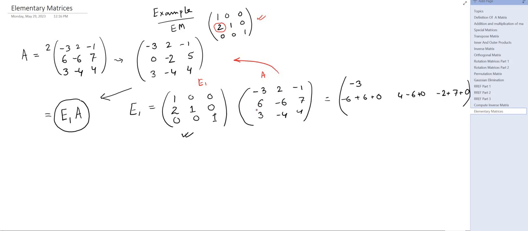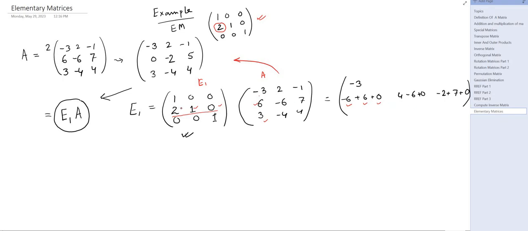So when you are calculating this, you are basically multiplying 2 into minus 3, which is minus 6, 1 into 6, which is 6, and then 0 into 3, which is 0, so ultimately you will get 0.